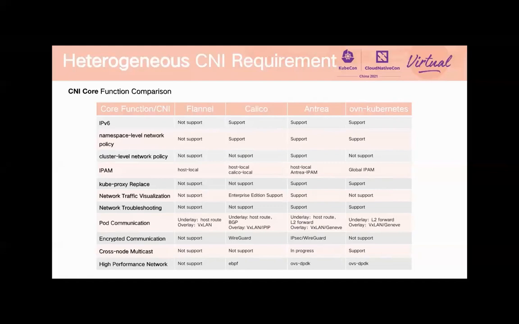Looking at the table, you can see that Antrea has better advantages in some aspects, such as supporting cross-namespace security policy, supporting wildcard encrypted communication, and supporting network traffic visualization and troubleshooting. Basically, all the core functions have been satisfied.